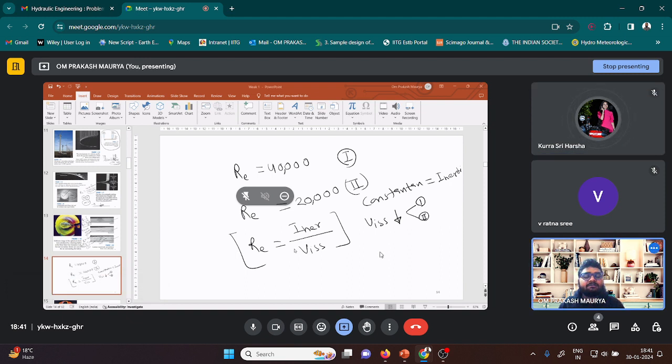In the first case your viscous force will be less, because in the first case your Re value is more compared to the second case. So if Re is more, you have only one option: the viscous force reduces. So definitely, in the first case, your viscous force will be less.